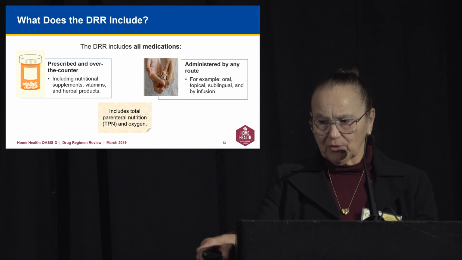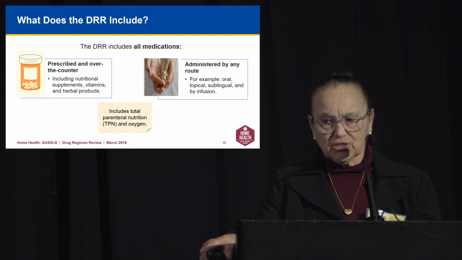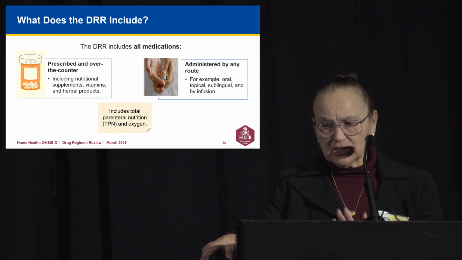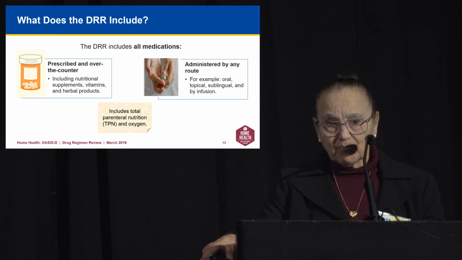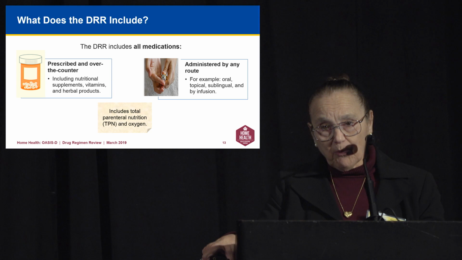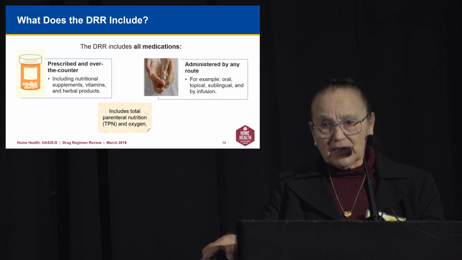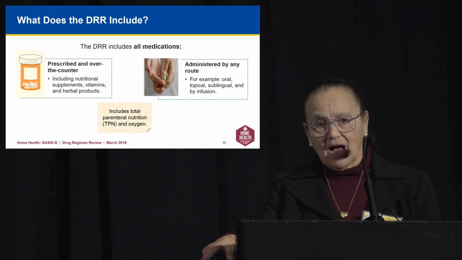Drug regimen review includes all medications, prescribed and over-the-counter, administered by any route, and as a point of clarification, it does include TPN and oxygen, so you must have those on there. Oxygen use is considered a medication.